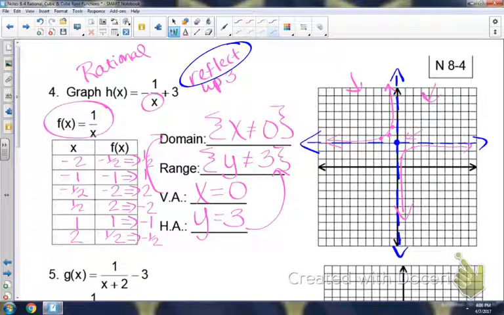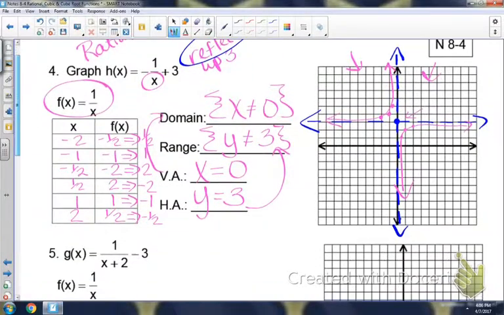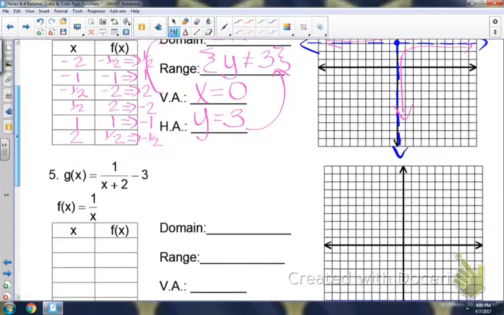Okay, so the rational is a little more confusing than the other types of functions that we've looked at. Okay, so let's try another rational function on number 5. So this is rational.